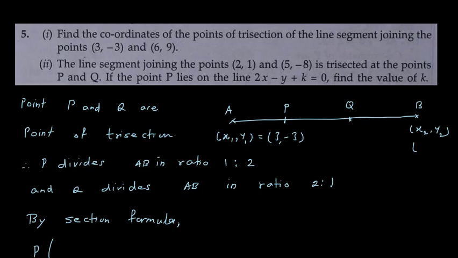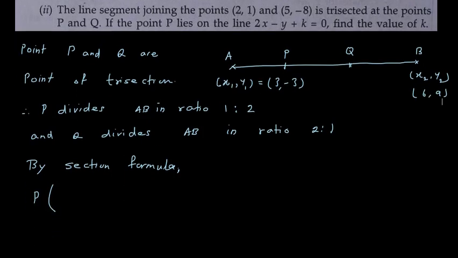So P is (1 into 6 plus 2 into 3) whole divided by 1 plus 2, comma the y coordinate will be 1 into 9. You can see this 1 will multiply by this 9, plus here this ratio PB is 2, so 2 into -3. This whole divided by 1 plus 2.